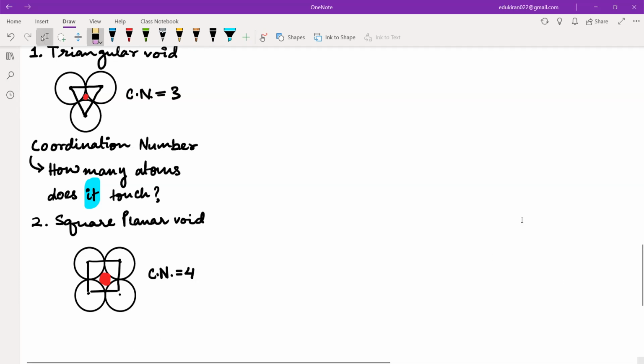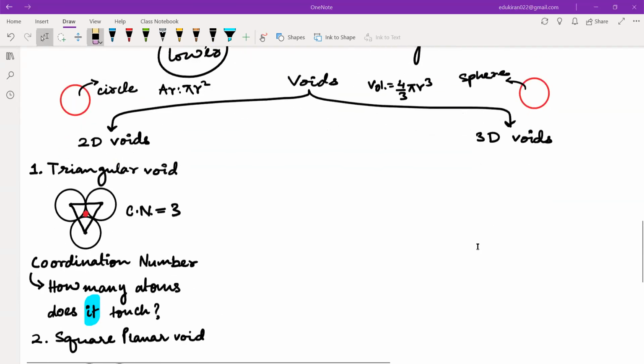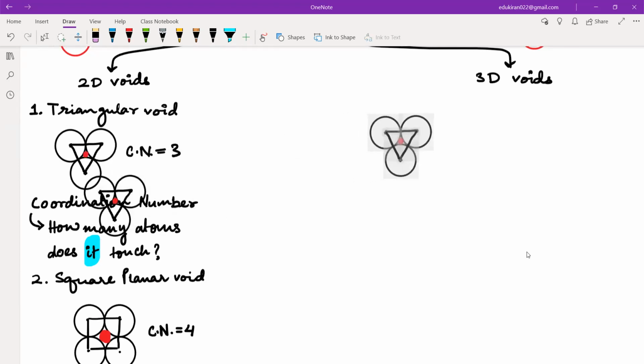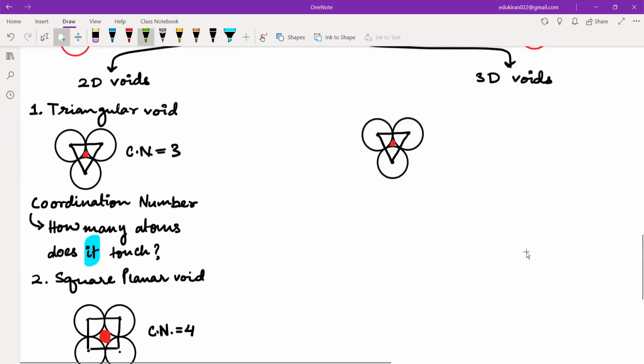Let us move on to 3D voids. In 3D voids, I will first of all take a triangular void.